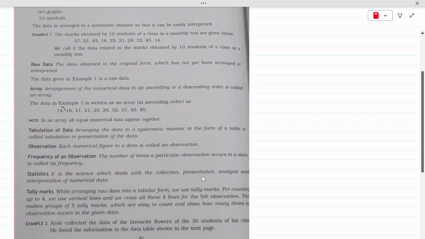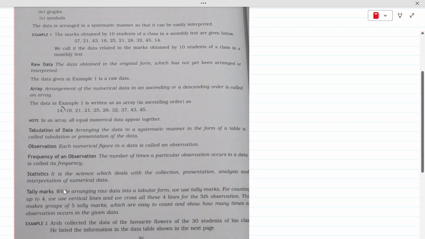It can be a pictograph, tally marks, frequency table, bar graph, depending upon the type of data we are taking and the ease with which we can get the information. Then is analysis. Analysis, as in we are analyzing the data. And finally, the interpretation. Interpretation, as in the inference, the output, the result which we are getting from that data.